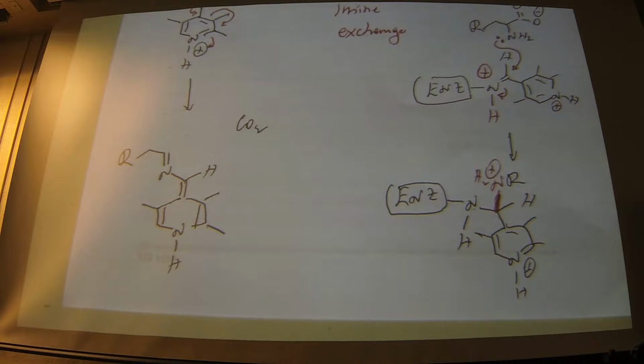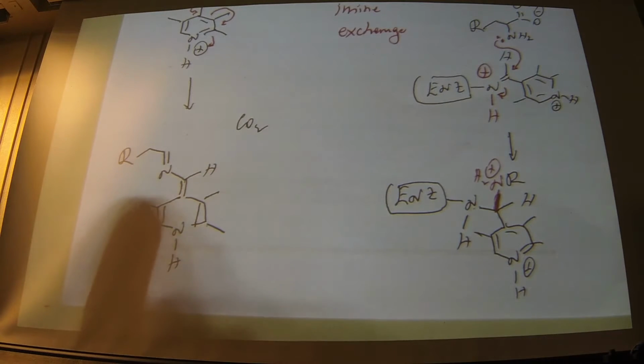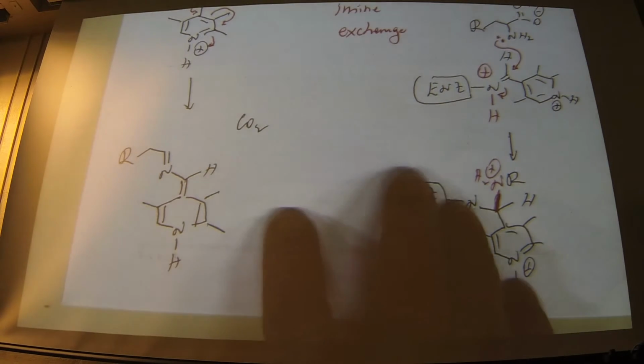So that's why the loss of CO2 takes place with such a low activation barrier in this context. Because you're not generating an energetic intermediate, you're generating a rather stable intermediate. Now, once we're at this stage, we still don't have an amine, do we? So how do we go from this imine to the amino group that we discussed? How does that happen?